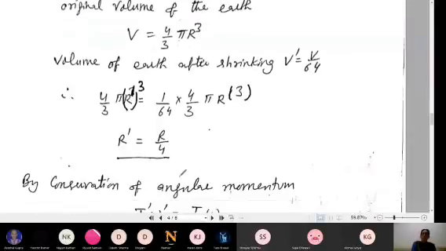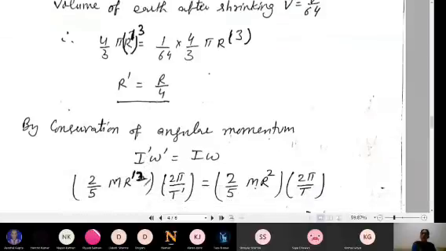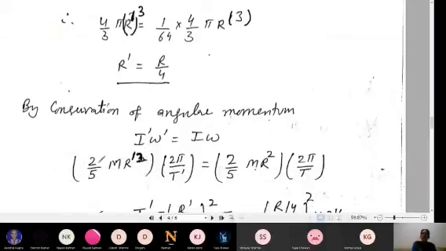So when R dash is known, now by the conservation of angular momentum, I dash omega dash is equals to I omega, and I for the solid sphere is equals to 2 by 5 mr square. This is the moment of inertia for a solid sphere, 2 by 5 mr square. Because here radius is r dash, I have written r dash here, and here radius is r, so I have written r.